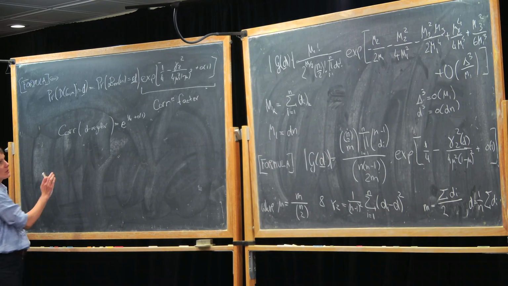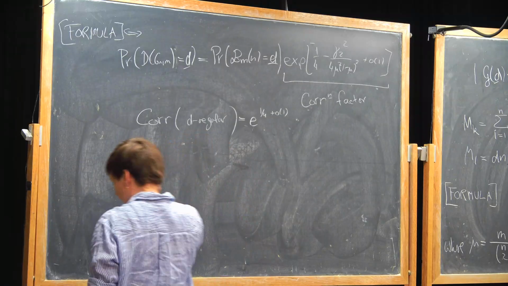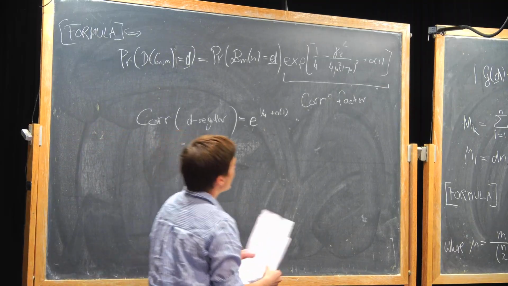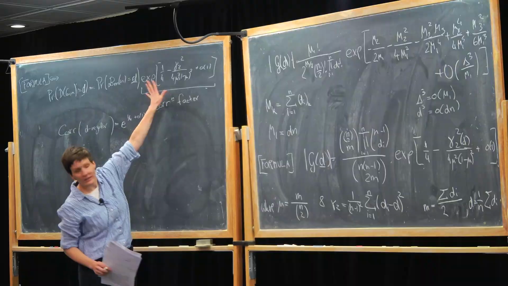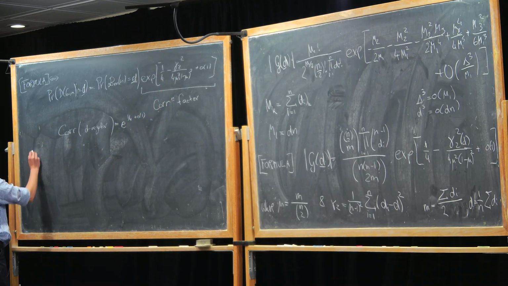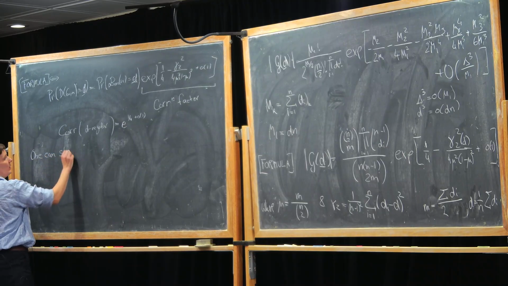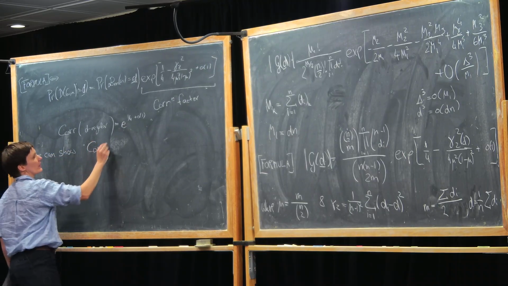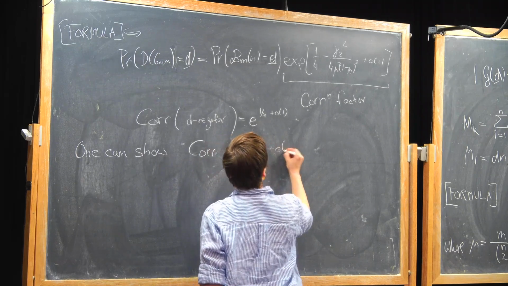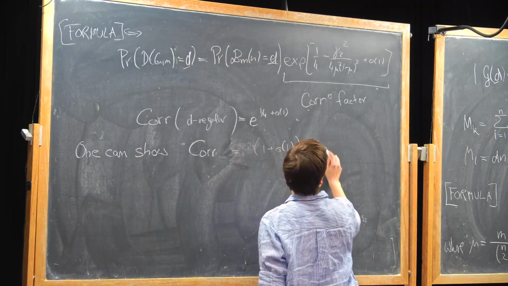But also what we may see in this course, but what you can show, is that in both models this factor is tightly concentrated around 1. So one can show that the correction factor is equal to 1 plus little o(1) in both random models.